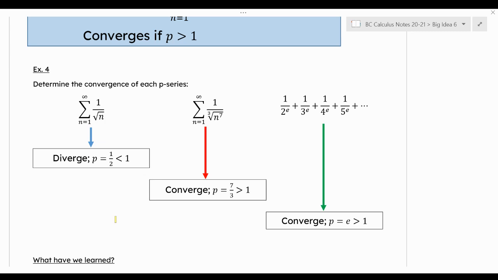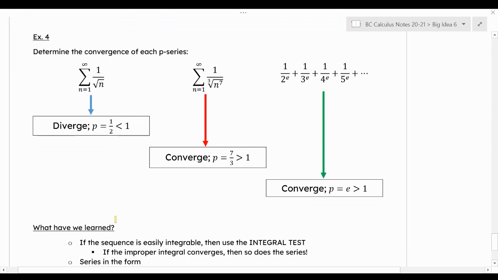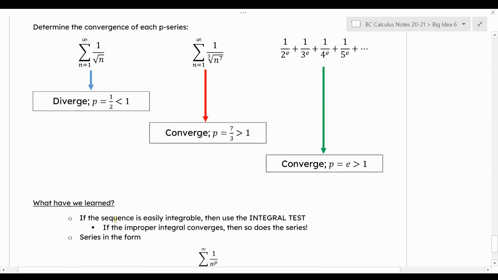All right, so if you can tie a function to a sequence and tie the infinite integral to the infinite series, if that infinite integral converges, so does the series. If the infinite integral diverges, so does the series. And there are some series that are in a certain format, and that is 1 over n raised to the p.